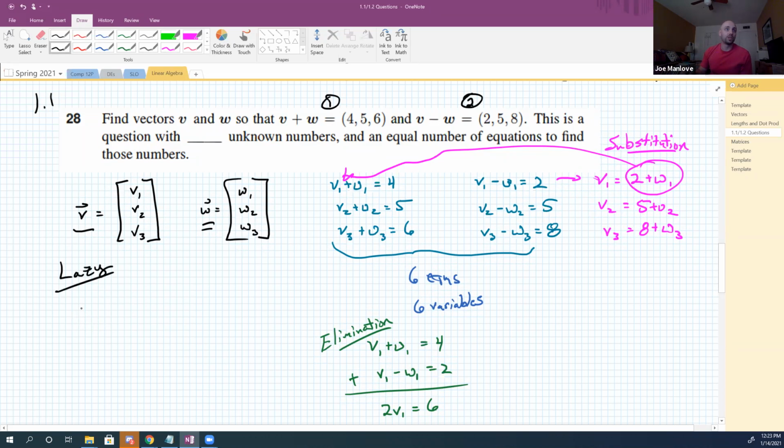which is where you take your two equations that you had: v plus w is the vector 4, 5, 6, and v minus w is the vector 2, 5, 8. And you add these equations together.